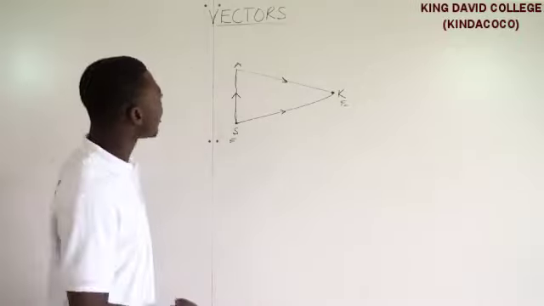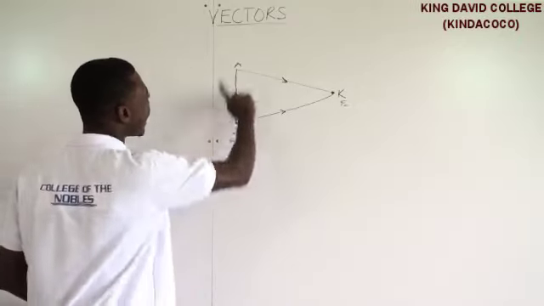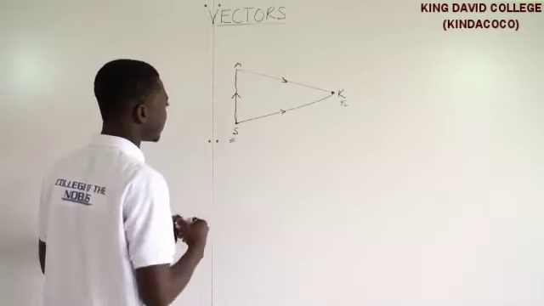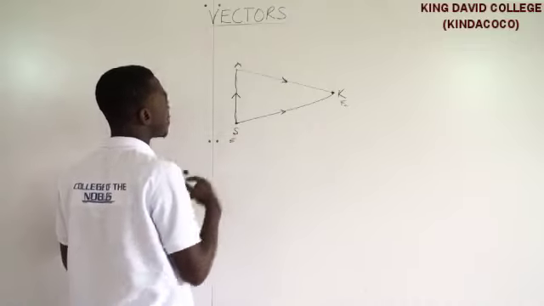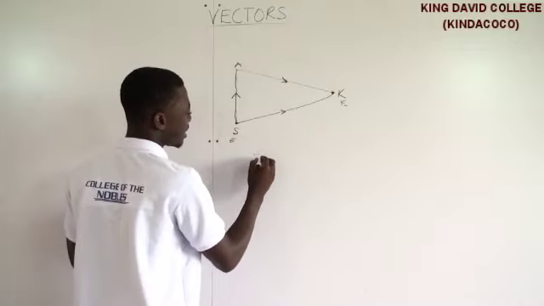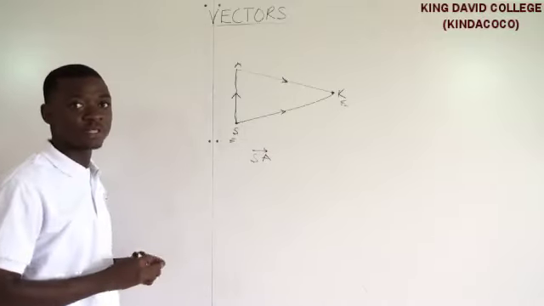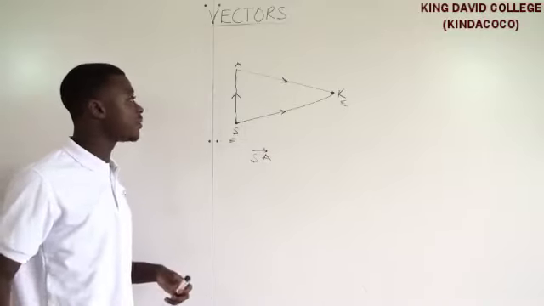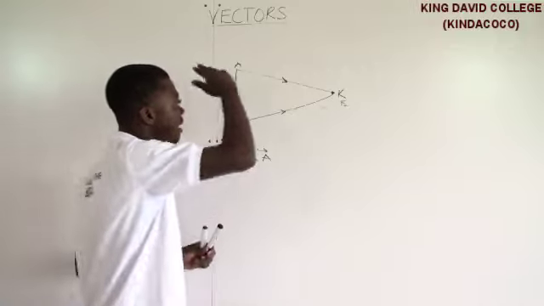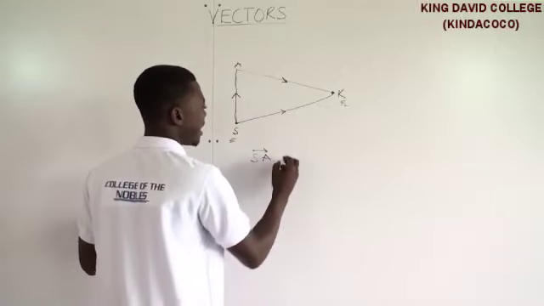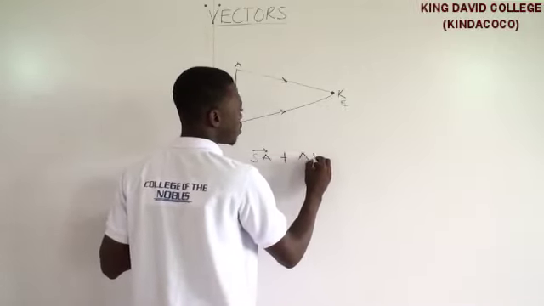What do I mean by this? The guy taking the first journey is moving from Somanya to Accra. That's the first journey he moved. When he got there, he didn't rest there. He went on from Accra to Kumasi.